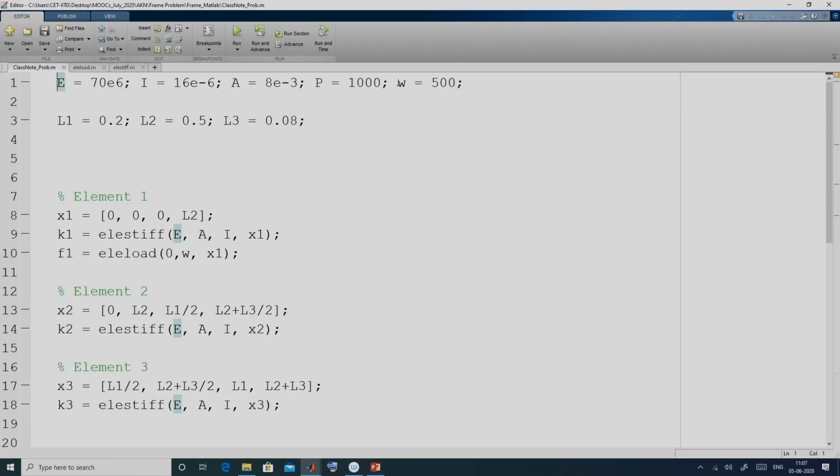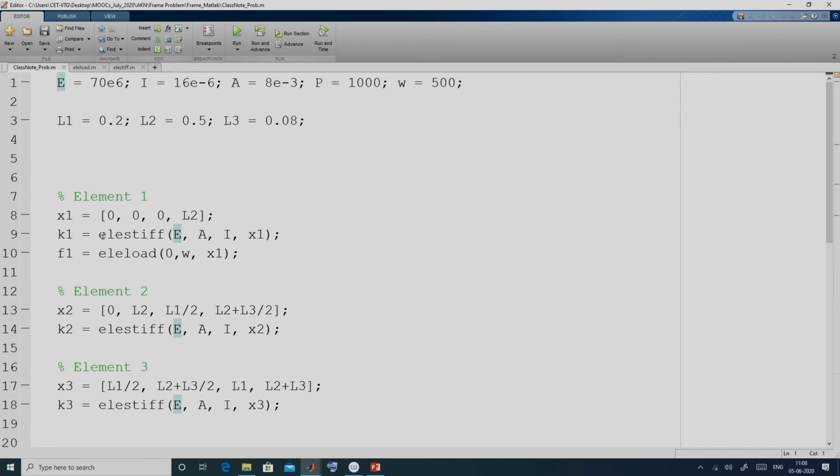So, here I am denoting by W, which is 500. Because there is uniformly distributed load, there will be some element load vector calculation. The functions LE stiff and LE load return us element stiffness matrix and element load vector for element 1.